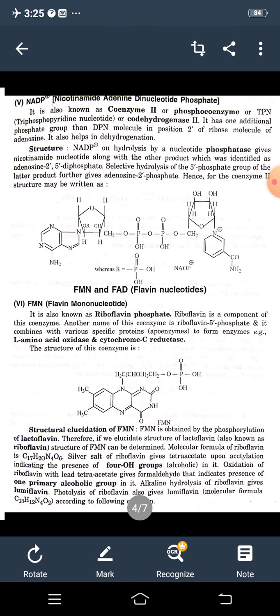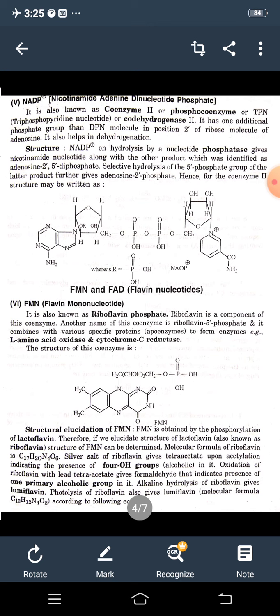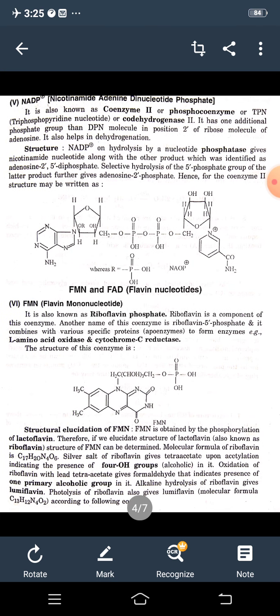So we can discuss the structural elucidation of FMN. FMN is obtained by the phosphorylation of lactoflavin. Therefore, if we elucidate the structure of lactoflavin, also known as riboflavin, the structure of FMN can be determined. The molecular formula of riboflavin is C17H20N4O6.